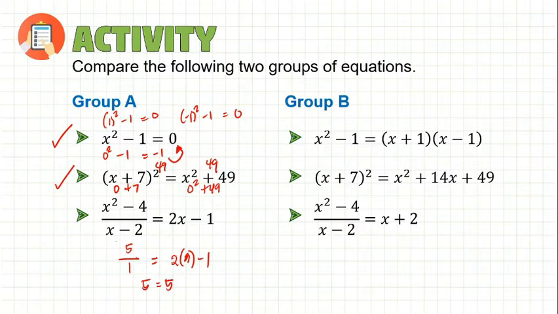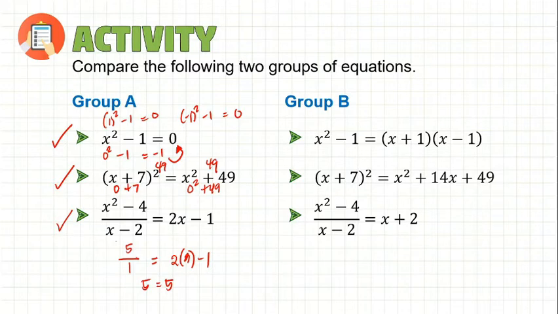So the equation will only hold if x is equal to 3. Okay, so for the equations in group A, there are only some values in the domain of the equation that will satisfy the equation, or that will make the equation true.